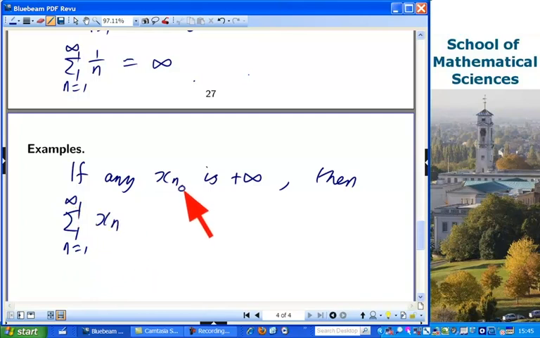Let's call it xn naught here. If any xn naught is plus infinity, then the sum from n equals 1 to infinity of xn is plus infinity as well, since Sn naught is plus infinity already.